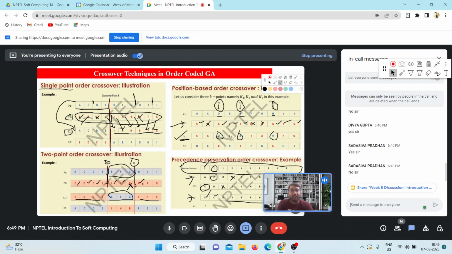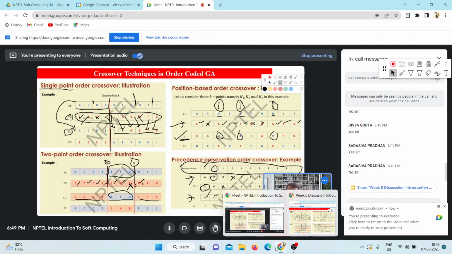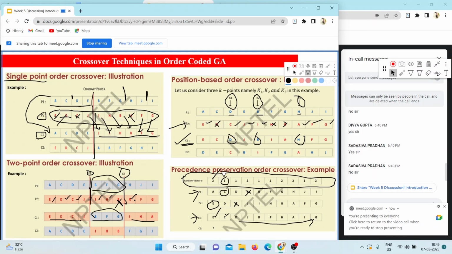Precedence preservation means, see, again I am explaining. Precedence preservation means if a bit has come once, it cannot be repeated again. Like here, for this 2, we have selected the E bit in our children's string. Now precedence preservation means this E is preserved in our children's string and it cannot be repeated from any of the two parents.